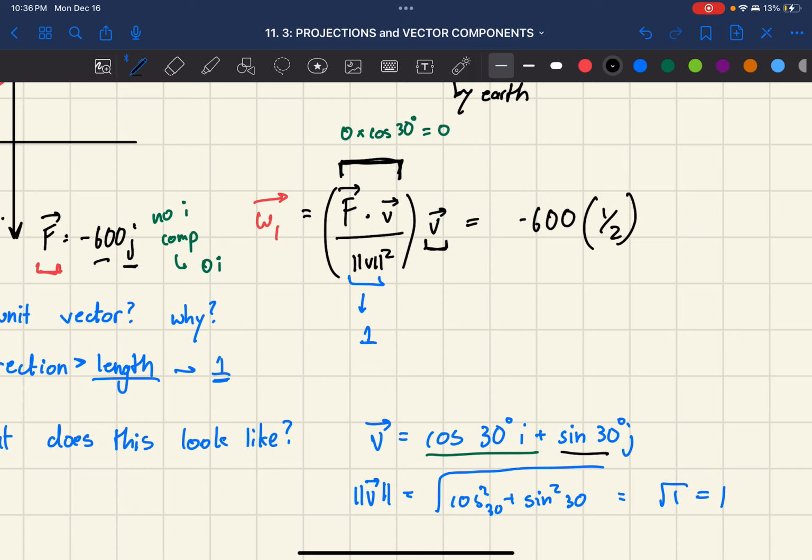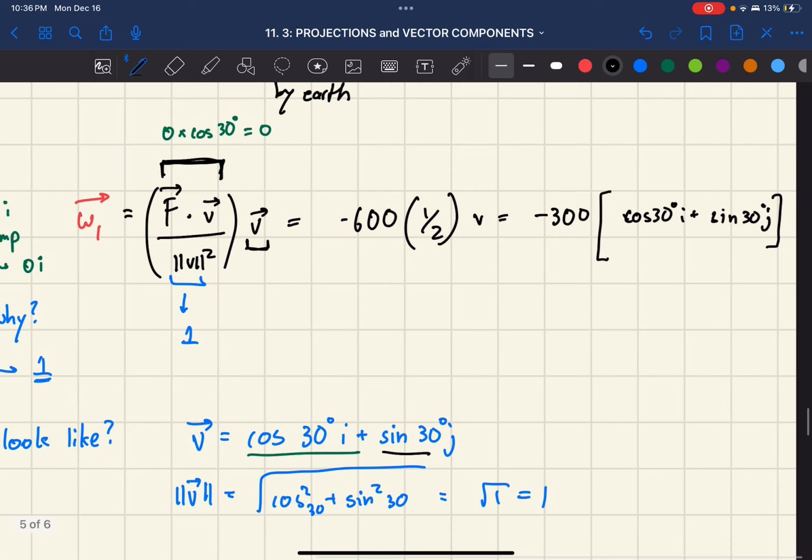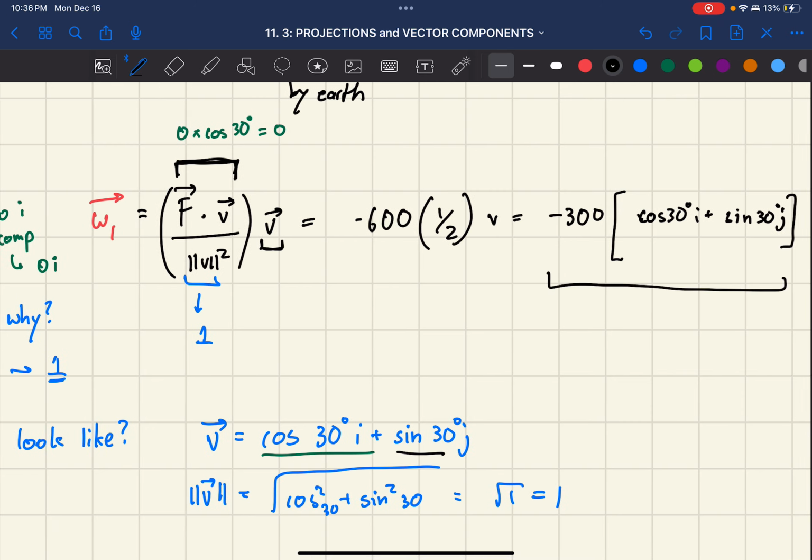And then, of course, you take the vector again, which is just negative 300 times, again, the unit vector, which in this case would be cosine 30 degrees i plus sine 30 degrees j, my bad. And now all we need to do, now that we have W1, is figure out the magnitude.